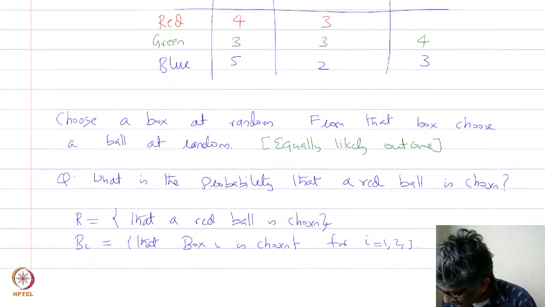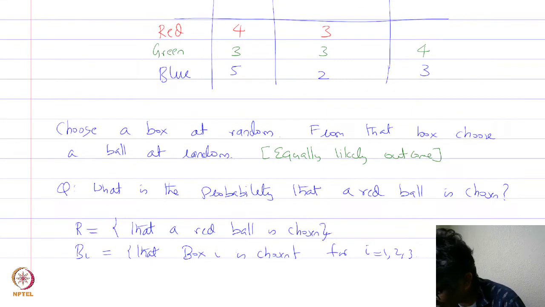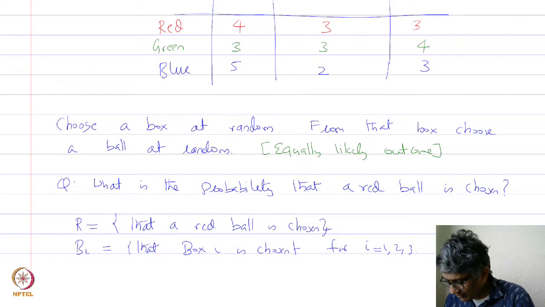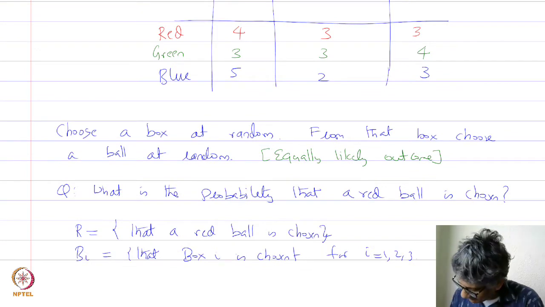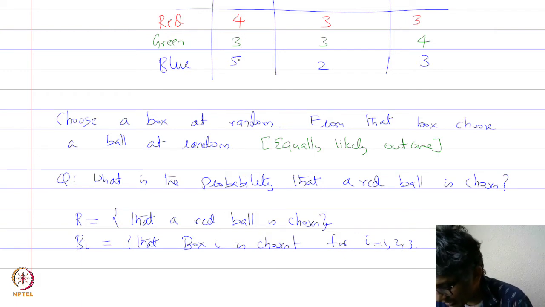Now you observe a little bit carefully. If I go to box 1 and I try to choose a ball and I want it to be red, I have how many? 4 plus 3 plus 5, that's 12, and the chance of getting a red ball is 4 by 12.